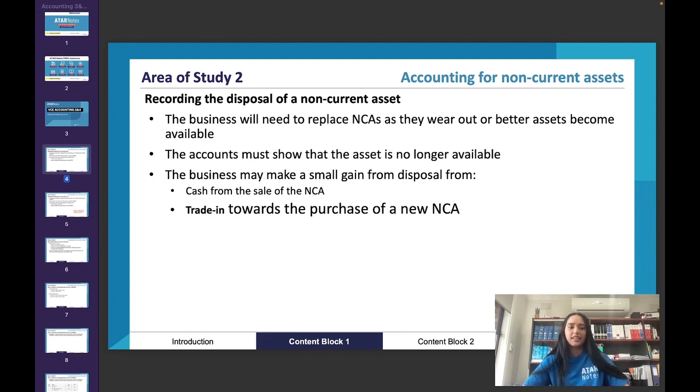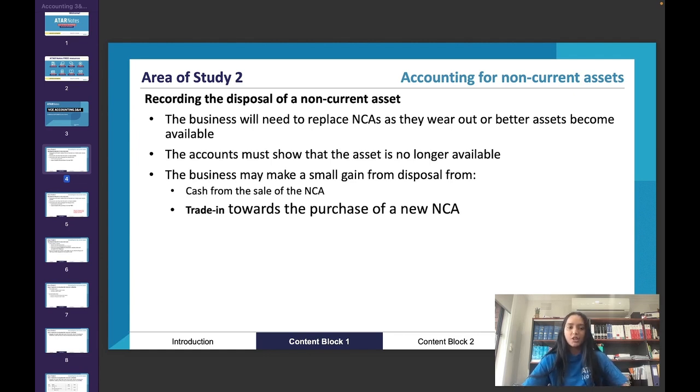So even though the current laptop that they own isn't necessarily worn out or damaged, the business might still decide to purchase the newer model as it comes out. It's similar to when you have a phone: sometimes there's nothing wrong with your old phone, but you still decide to buy a new phone when the newest model comes out. So that's similar with businesses.